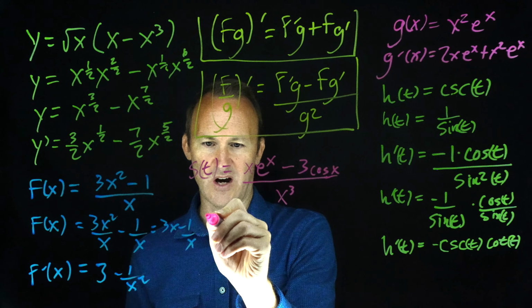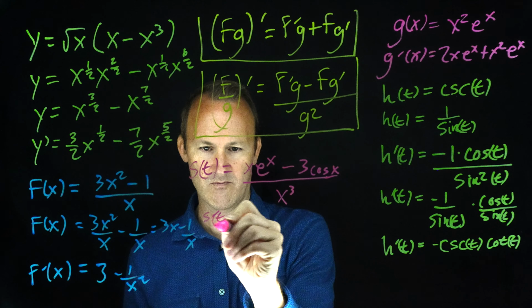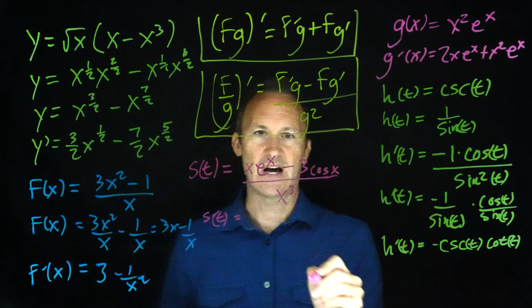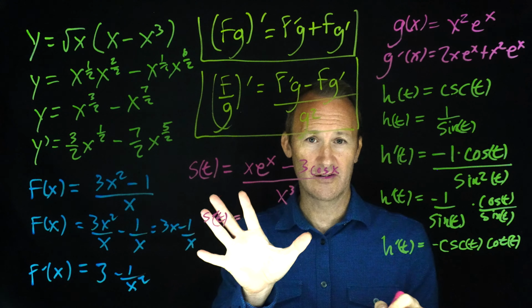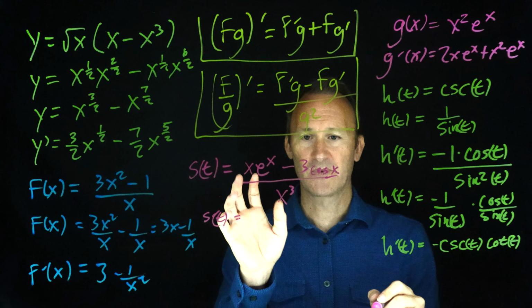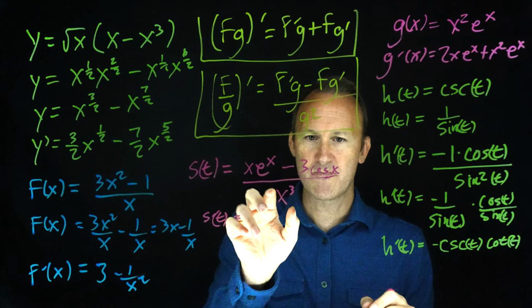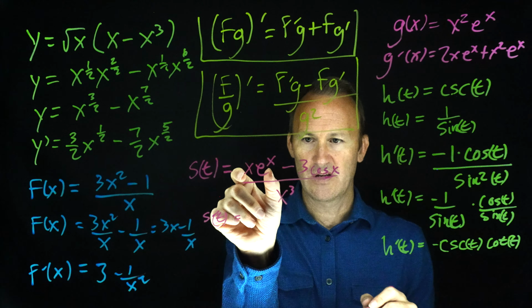Okay, so what is s prime of t? We've got to take the derivative of the numerator, the whole numerator. There's a lot going on there. For this f prime, we need the whole numerator, and this is a product, so we need the product rule within it.